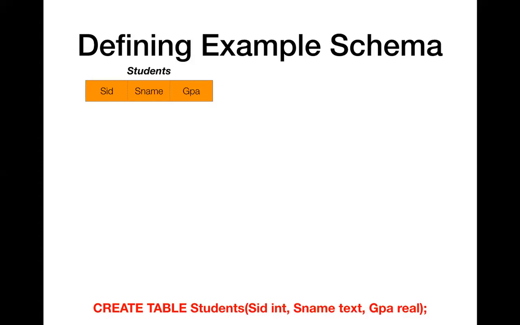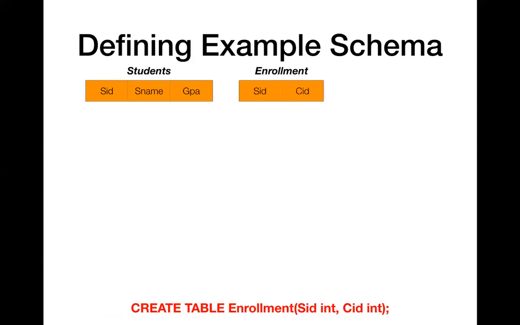All right, and maybe we also want to keep track of which courses those students are enrolled in. So I might want to introduce a table enrollment, which essentially links student IDs to course IDs. So the content of this table that you see in the middle, enrollment, would be pairs of student IDs and course IDs with the semantics that the corresponding student is enrolled in the corresponding course.